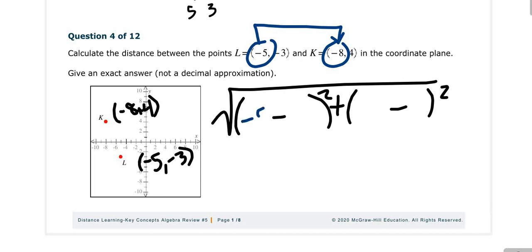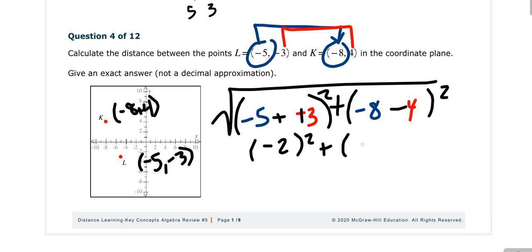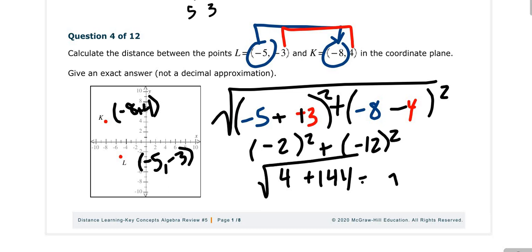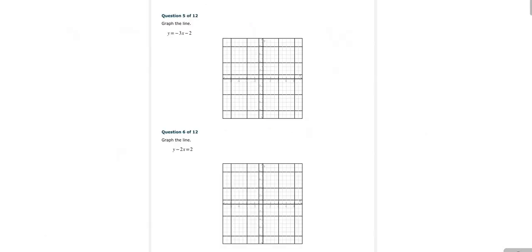What does matter is you are consistent. Double negative makes a positive. This is -2. Square root of 148.